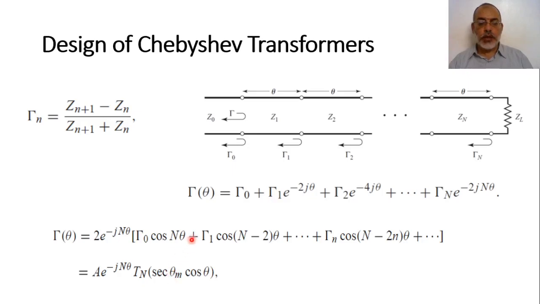This would be equated by the Chebyshev polynomial Tn multiplied by sec theta m cosine theta.